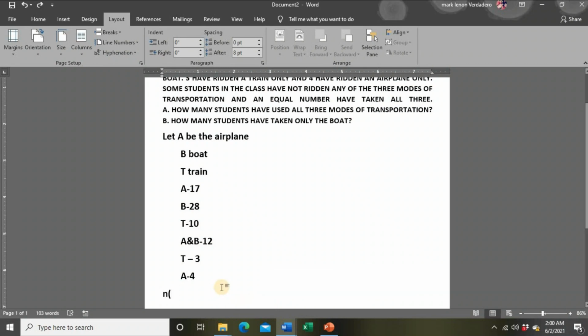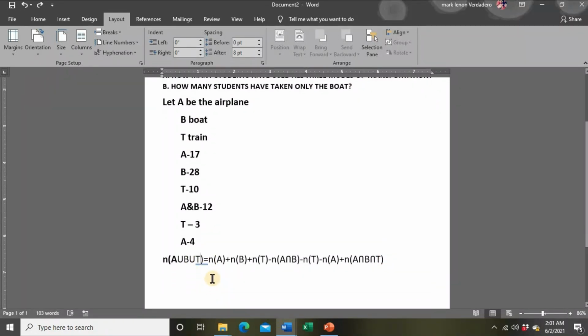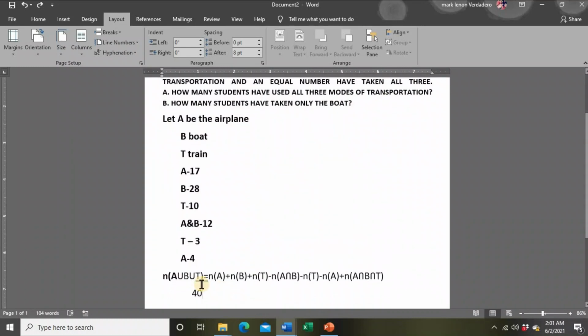Okay, so ito siya. Ayan. So ito na yung ating formula. Okay. So after that, let us substitute the value. So we have 40 students. So 40.